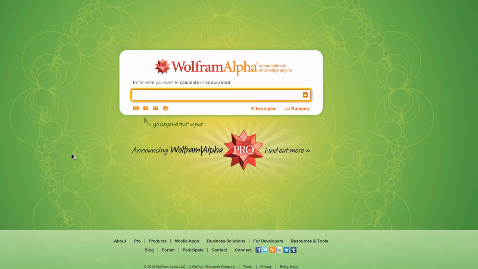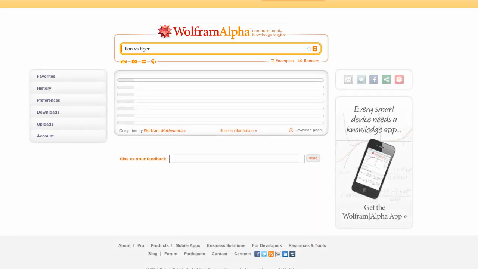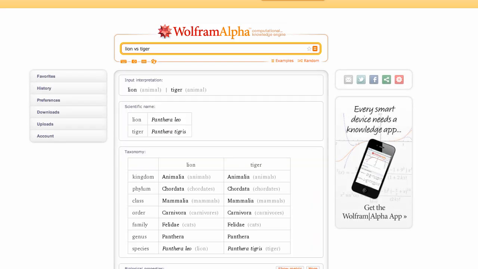So for example, if I put in here, how does a lion compare to a tiger? It's going to give me statistics that it finds in its database. First, taxonomically, we can see a lion and tiger have essentially the same taxonomy down to the species level.